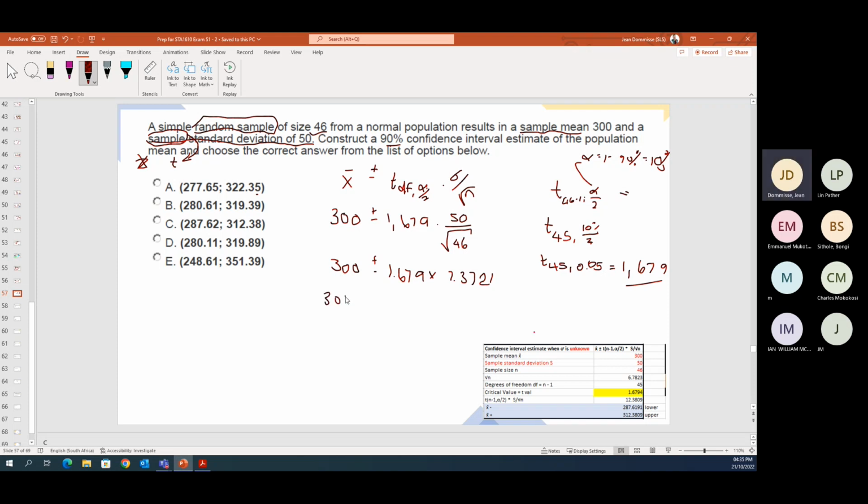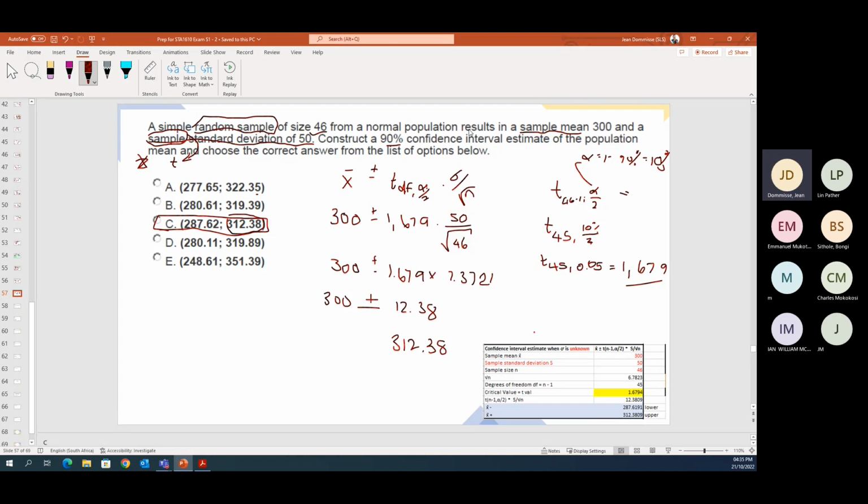So I get 300 plus minus 12.38. The easiest one for me first is to do the top one and see if I get an answer. And it is, so option C is the correct one.